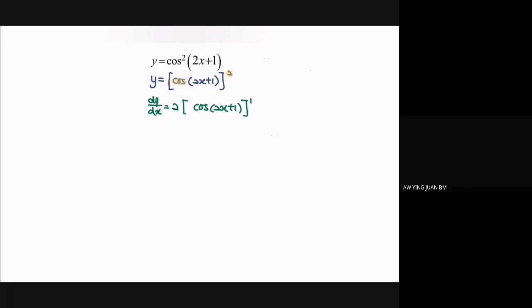Differentiate cos, and we will have negative sine bracket 2x plus 1. Then the internal function, and we will have 2. Rewrite the situation, dy dx is equals to negative 4 cos bracket 2x plus 1 multiply with sine bracket 2x plus 1.